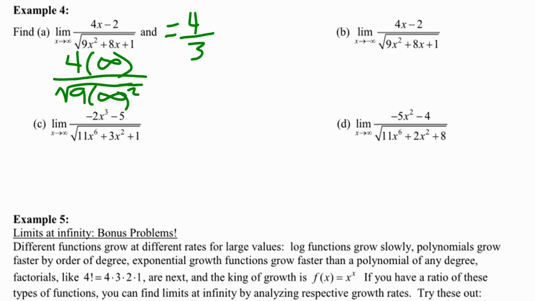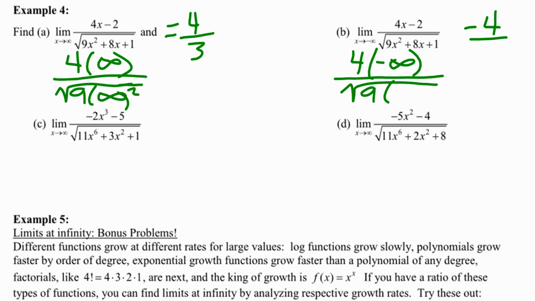The only thing that changes when you plug in negative infinity is that the sign may change. So in the top now we get a negative 4, and in the bottom we're still going to end up with a positive 3 times infinity, which makes it negative 4 over 3.